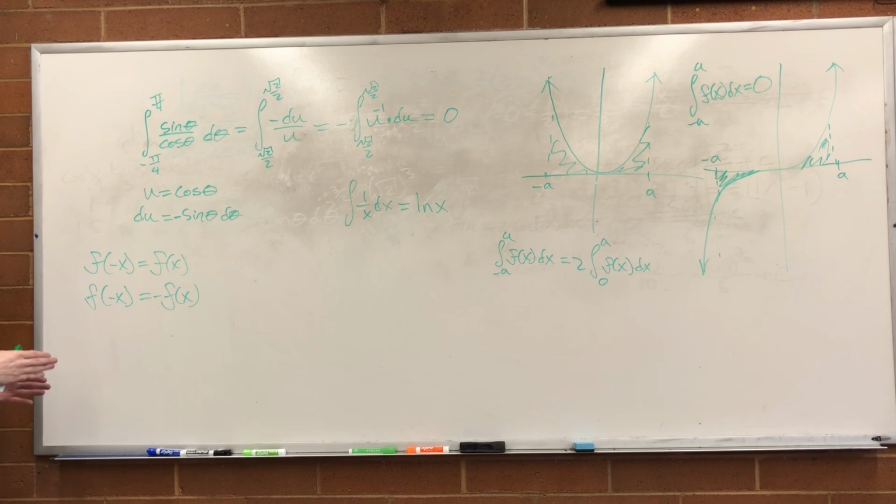So if 2 gives me 4, negative 2 gives me negative 4. Make sense? So even and odd functions, some nice tricks about them.